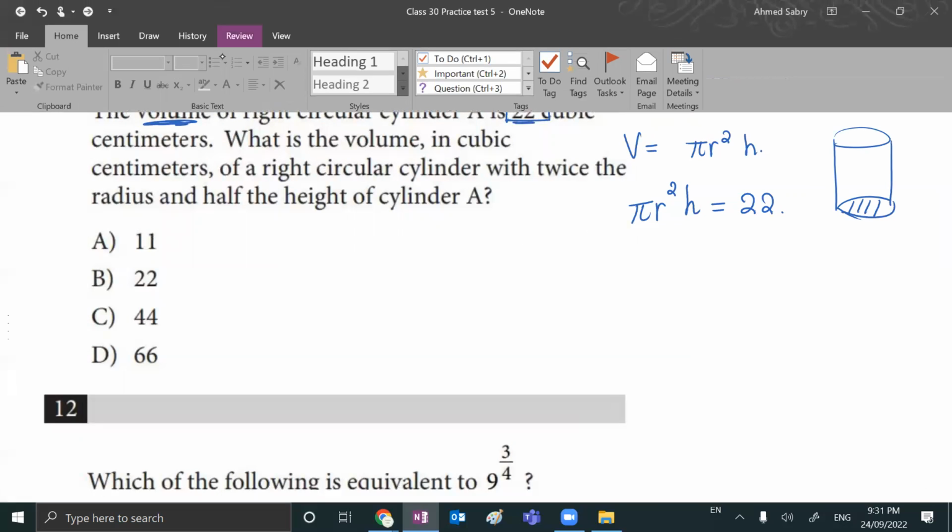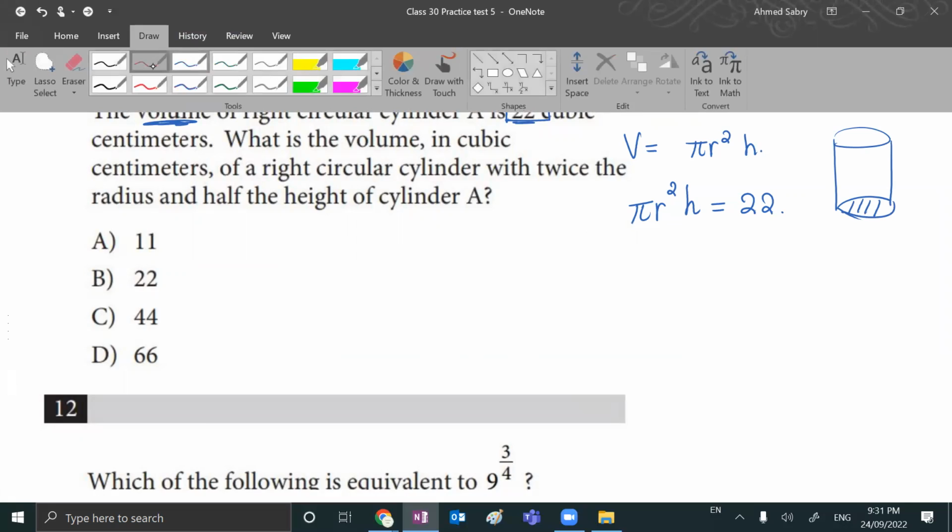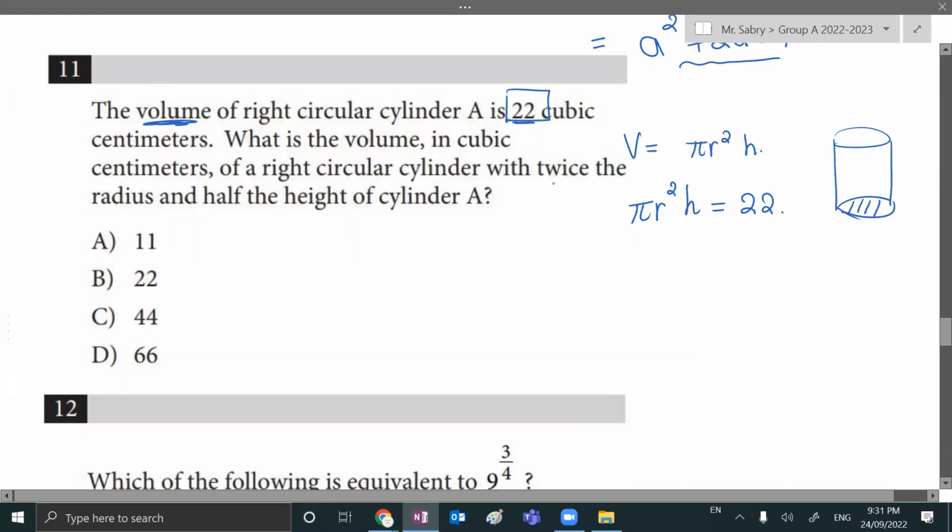They said that they need to change the r from the normal radius to twice the radius. So instead of the r, I'll put 2r, and the power 2 as it is, and the h as it is. Instead of this h, I'll substitute half h.